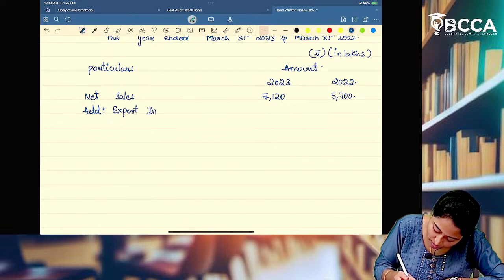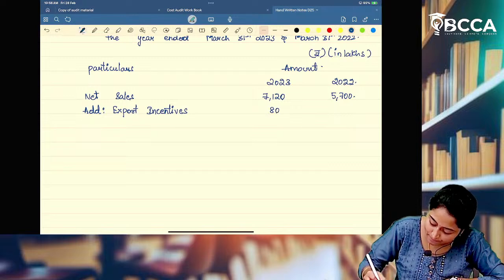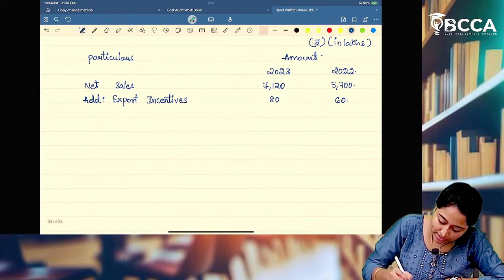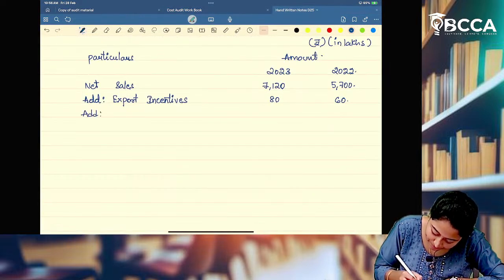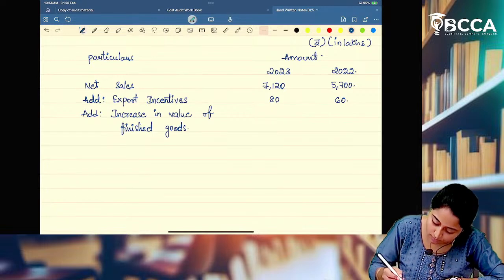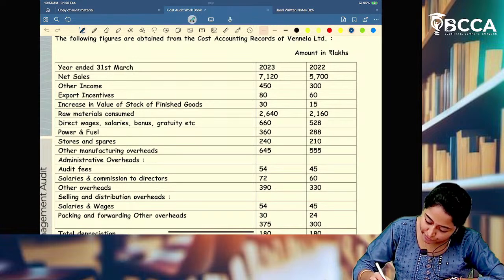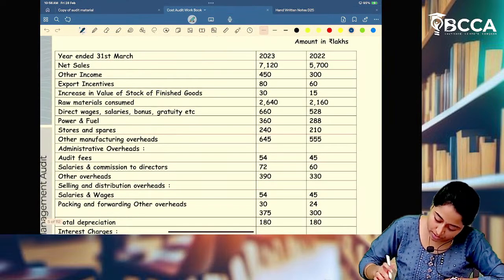Add export incentives. Export incentives are 80 and 60. Then we'll write adjustment in stock. Add increase in value of finished goods. It is 30 and 15. Now tell me the total of this.